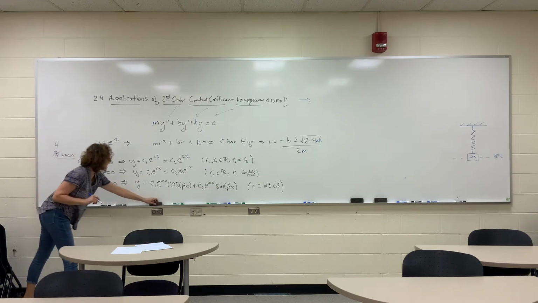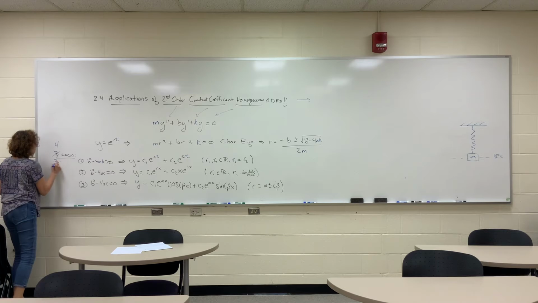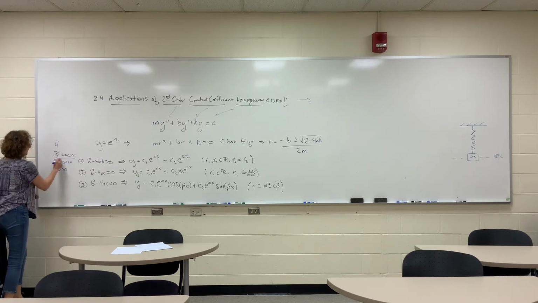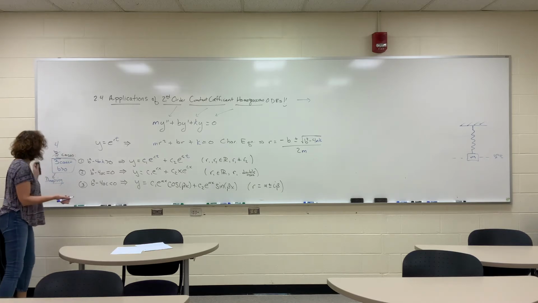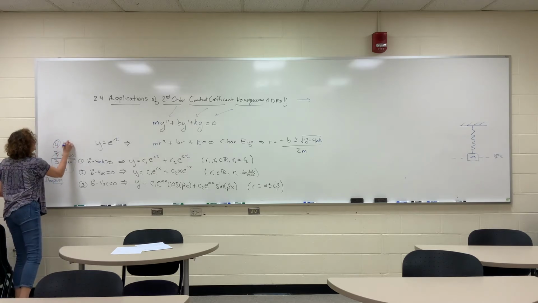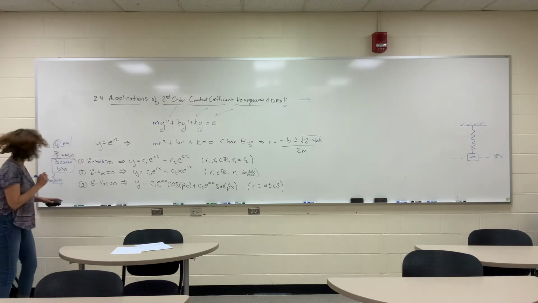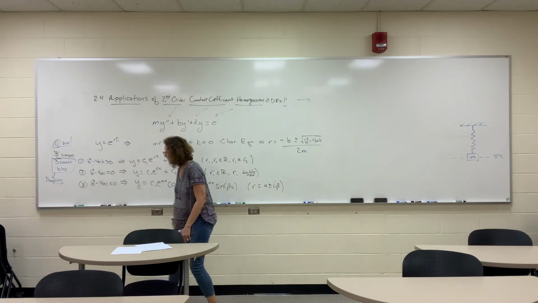We're going to have 4 total cases. Our first 3 cases are going to have b positive, so these cases all involve damping. We're not going to let b be equal to 0. Our fourth case will be when b is 0. We'll come back to that. For all of these, we're thinking about b being positive.